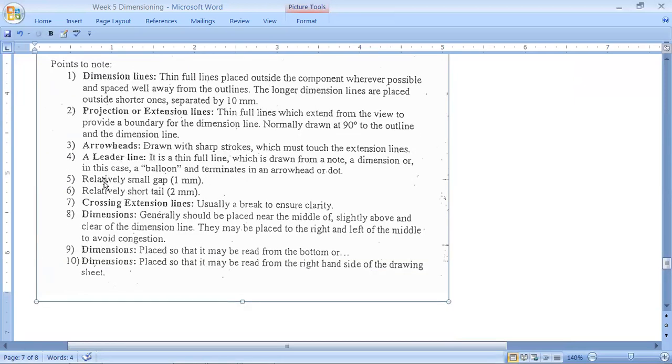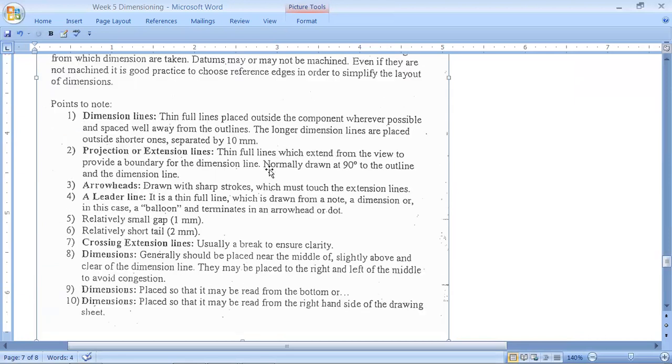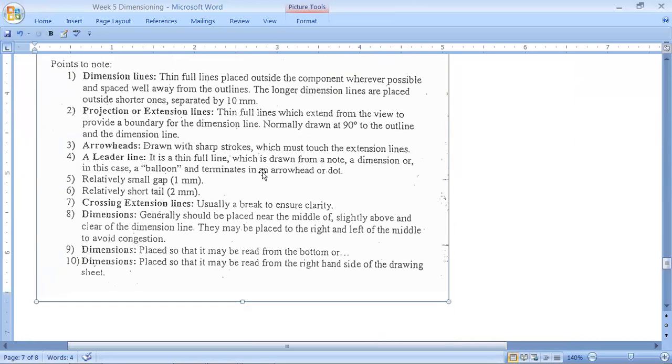Stop at a leader line, a relatively small gap. Number 5, the gap between the drawing and the projection line: approximately 1 millimeter, 1.5 to 2 millimeters is a good distance in order to get better clarity.